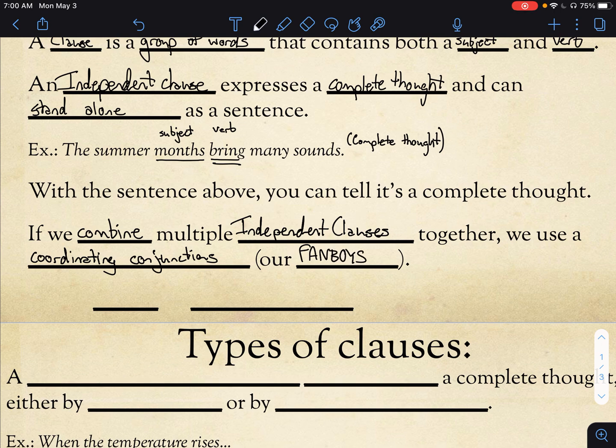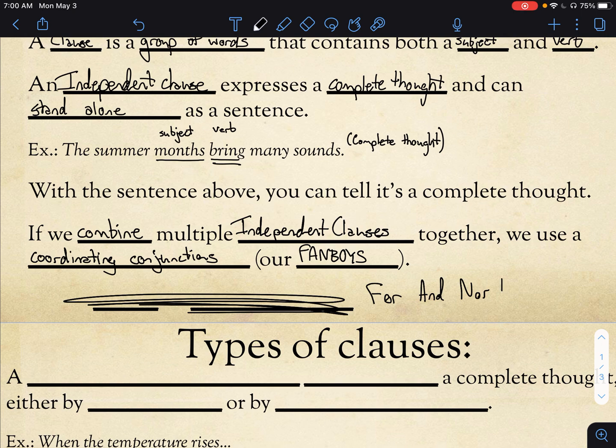There are 7 of them. So you're for, and, nor, but, or, yet, and so. FANBOYS, fanboys. So that's how we combine those multiple complete thoughts.